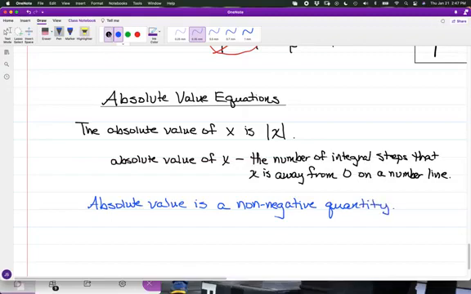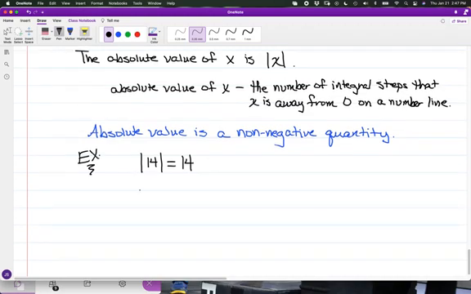And just in the case of examples of absolute value, something like the absolute value of 14 is equal to 14. Absolute value of a positive number is going to be a positive number, and likewise the absolute value of a negative number, like that of negative 37.